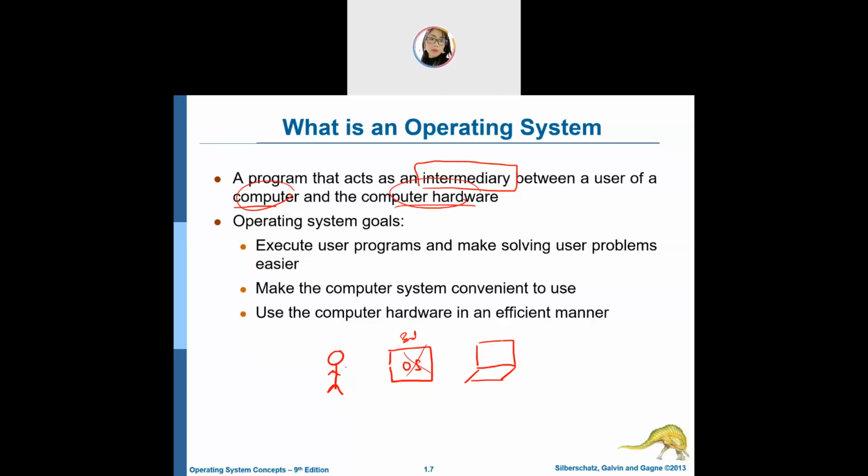Okay, let me ask you, in your daily activities, what third party do you always use? Anyone? What do you always use as an intermediary?